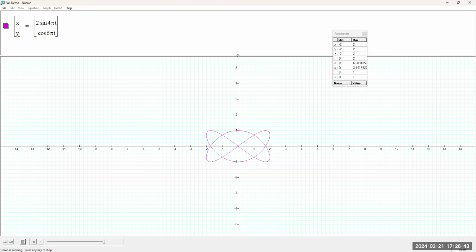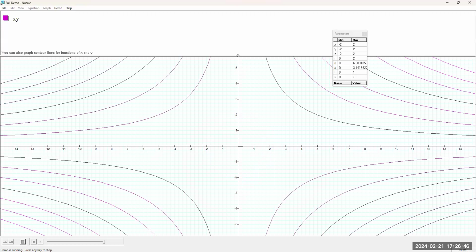It allows you to graph parametric equations, which we will see toward the end of today's lesson.